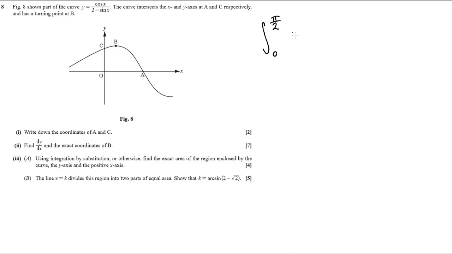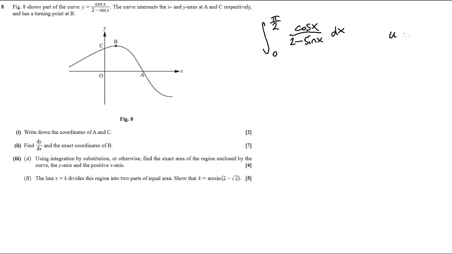Then we want to put y dx, or cos x on 2 take sine x dx. So normally for these kind of fractions, you'd substitute the bottom by a variable, then try to cancel things out, and this is no exception.